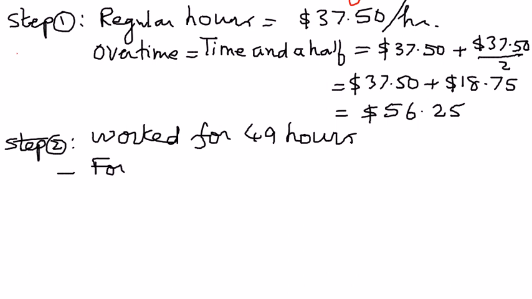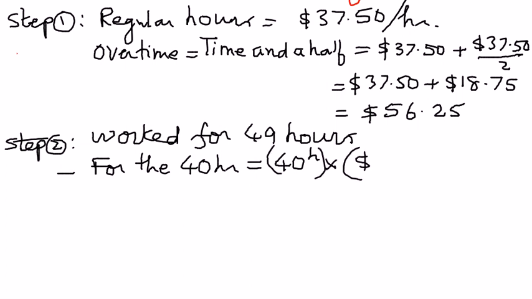For the 40 hours we worked, we are getting paid at the rate of $37.50, and when we multiply that out, that comes out as equal to $1,500.00.